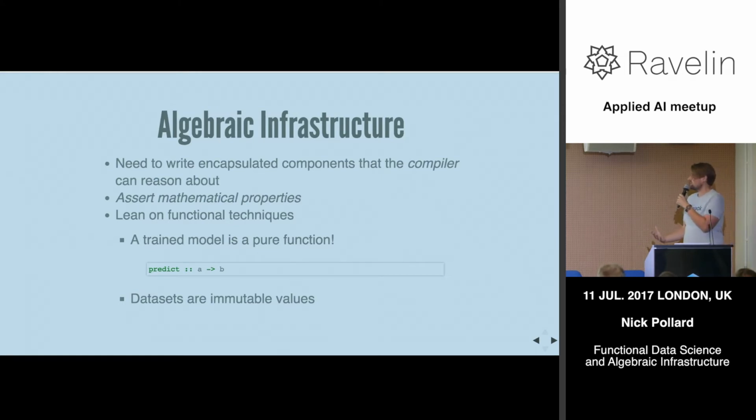So algebraic infrastructure, as we say it, we think we can still go a step further than this. If we want to have some kind of compiler for distributed systems, then the compiler needs to know some more about what we've done. So going back to that encapsulation, we want to write encapsulated components that, again, are clear and explicit about what they're going to do.